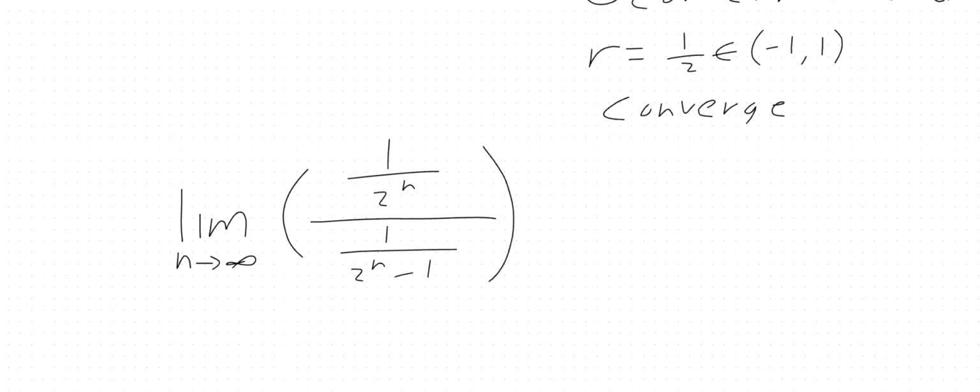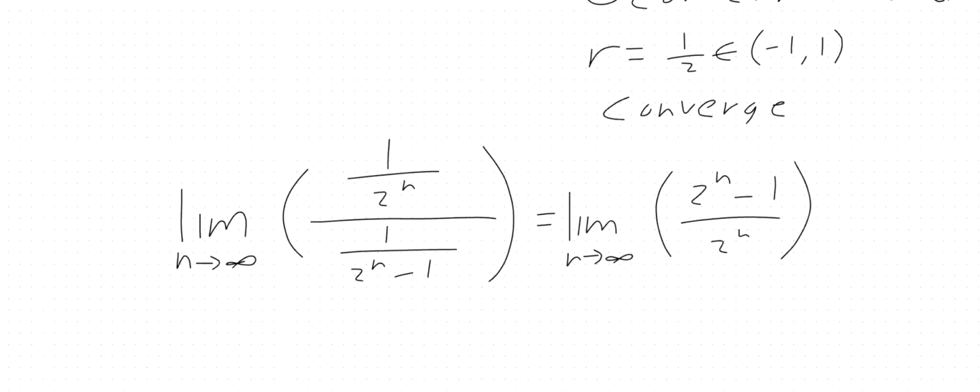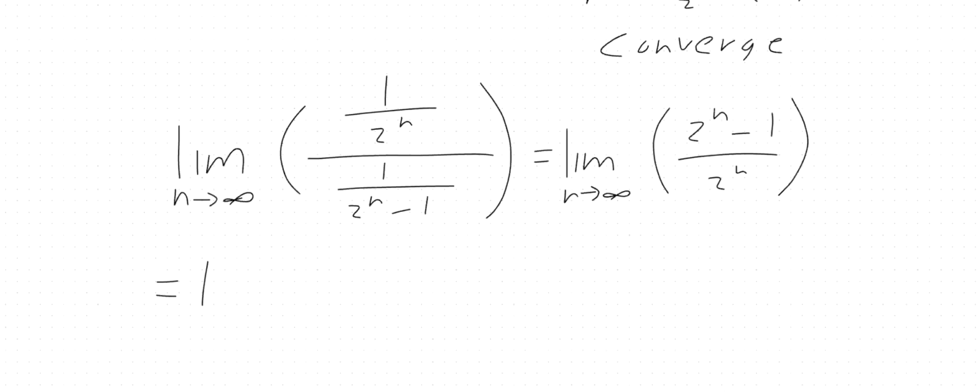Now, dividing these fractions, we're going to get 2 to the n minus 1 divided by 2 to the n. Now, since our subtraction's in our numerator, we could split this up and have it be 1 minus 1/2 to the n. If our subtraction's on the bottom, we can't split this up, so this just makes our process a little bit easier.